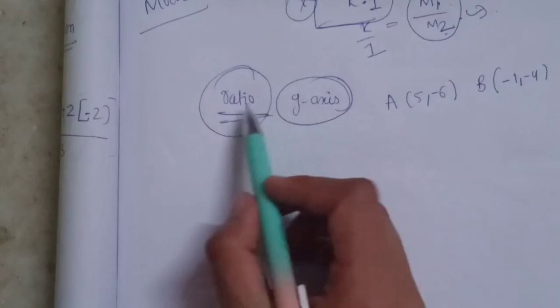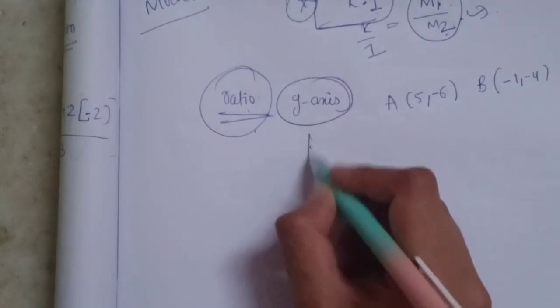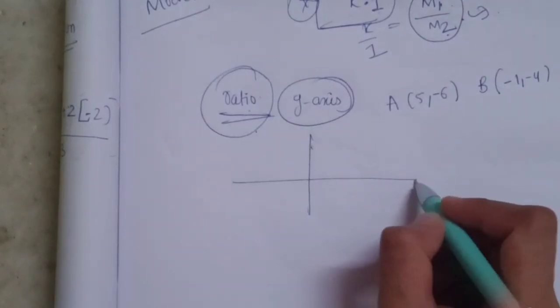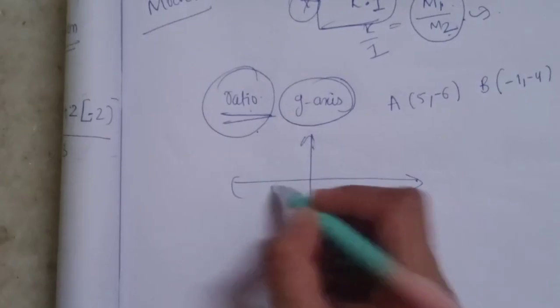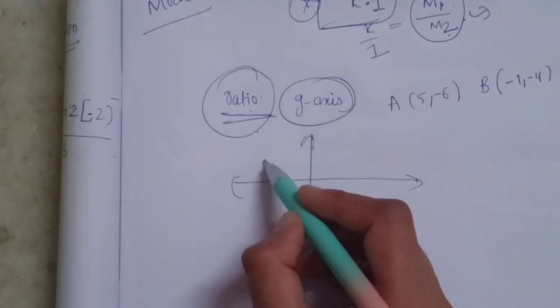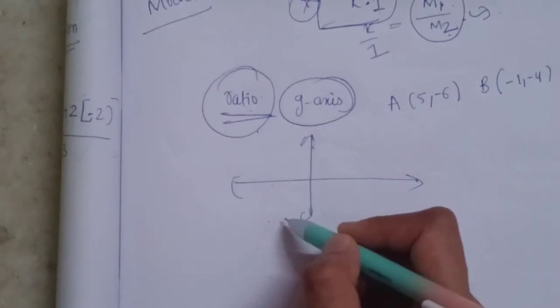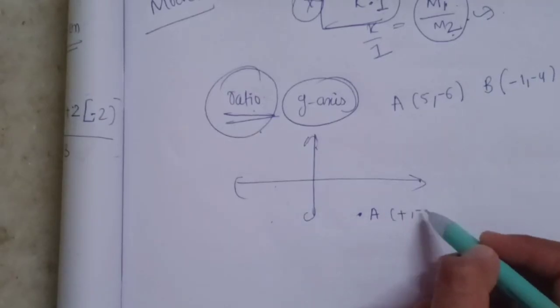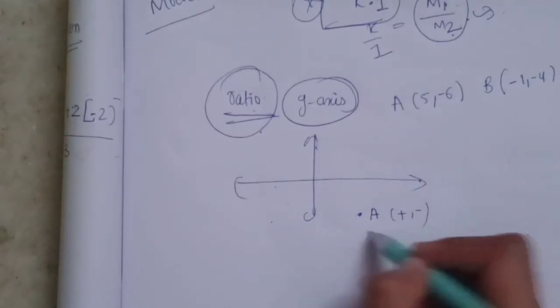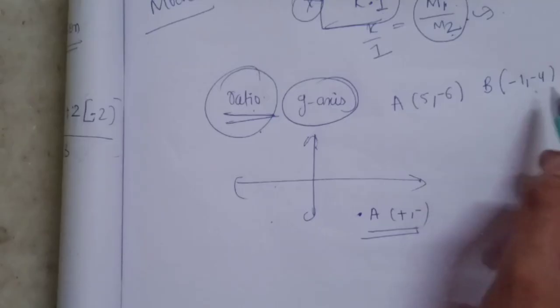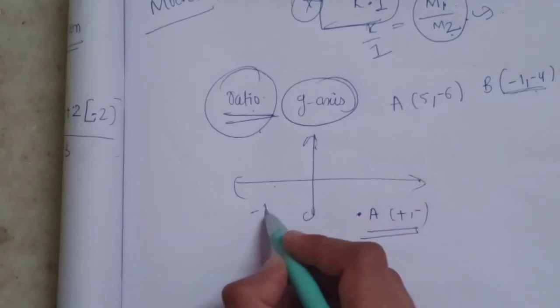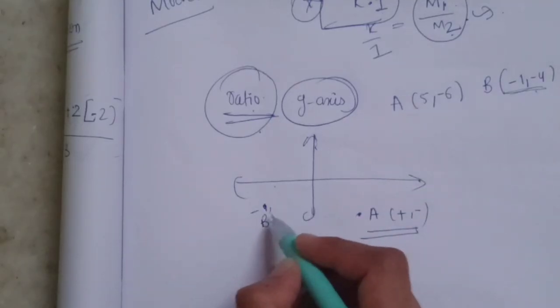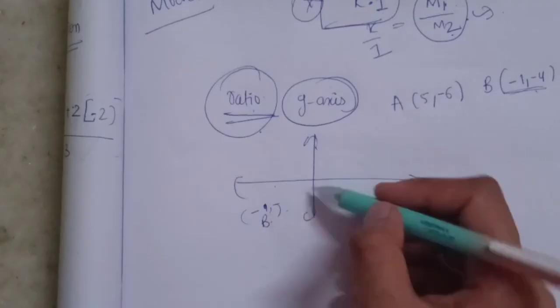So now we need to find the ratio. Let us say this is a Cartesian coordinate plane, and let us have here, in the fourth quadrant, point A, because a plus sign and a minus sign are there, right? And the point B, which is both minus, somewhere over here in the third quadrant.